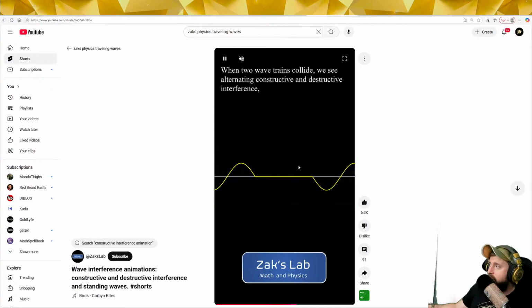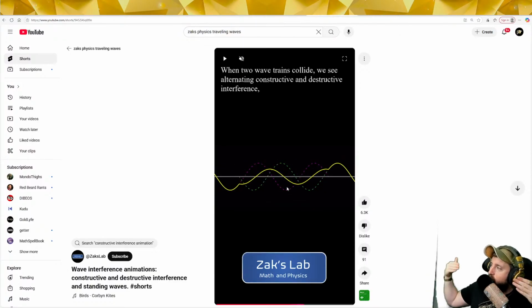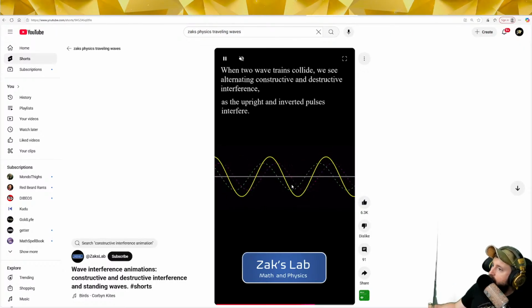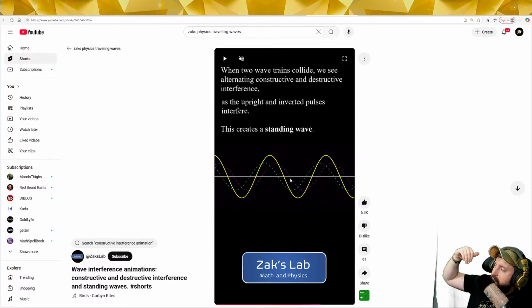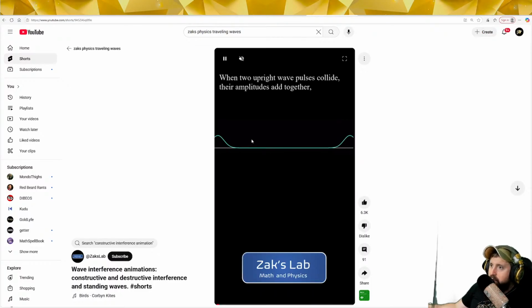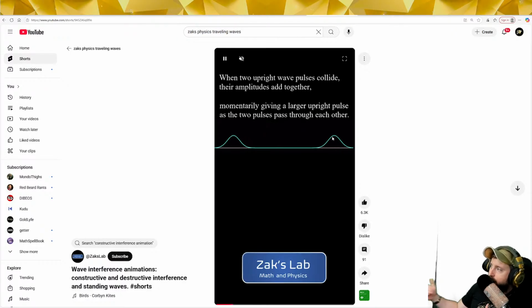So here's what happens. When you have two waves collide with each other, and the rate at which they're hitting each other matches some nice pattern, you get a standing wave. And this is resonance. Resonance is when the peaks are matching with the peaks, so you get positive interference, and the zeros hit the zeros, and that's where you get the nodes. It really comes down to how two waves coming at each other interact through each other.